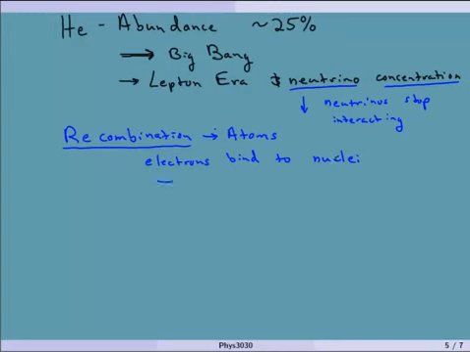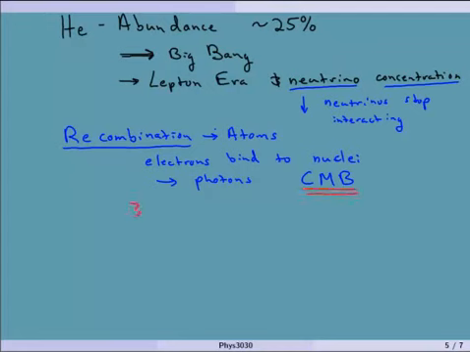And then you get all those photons that are given off by those bindings, and this is where the CMB comes from. The cosmic microwave background radiation is where all these photons come off of those.